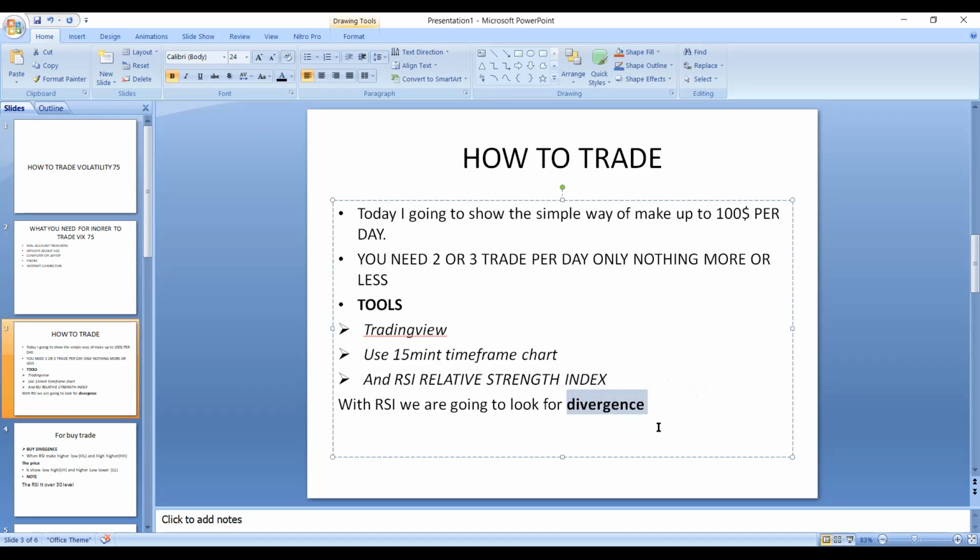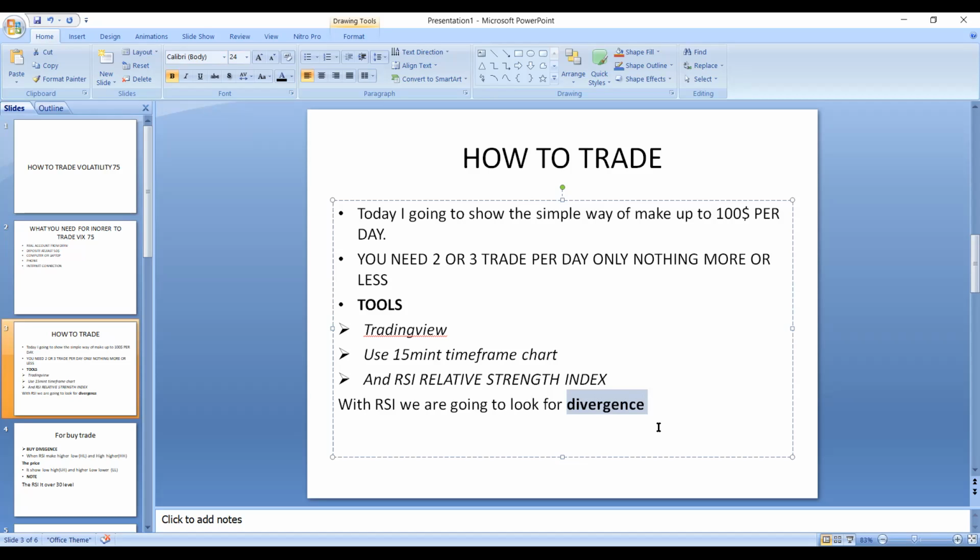The RSI gives you the first indication that this market is going down while you are seeing the market going up. That's divergence. Sometimes it can happen when the market is going down but the divergence shows you that we are going up. That's the indication of RSI.